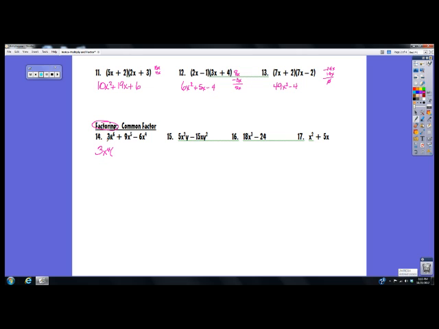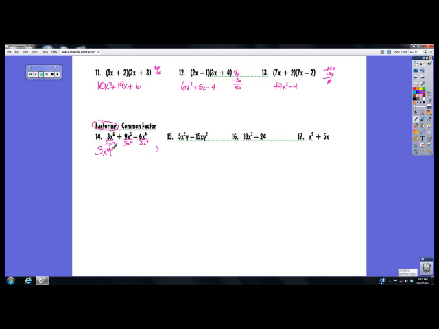Now I'm not going to do this on every problem, but technically what you're doing here is you're dividing by 3x to the 4th. So if it helps you to write 3x to the 4th underneath each term and actually see the division process, then you can do that. But you're dividing 3x to the 4th out of every single term.